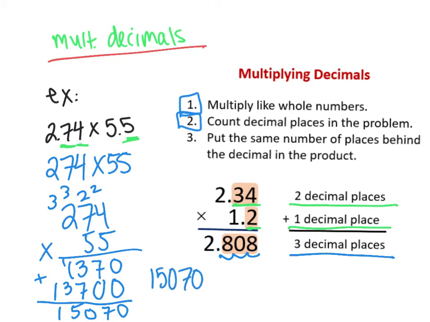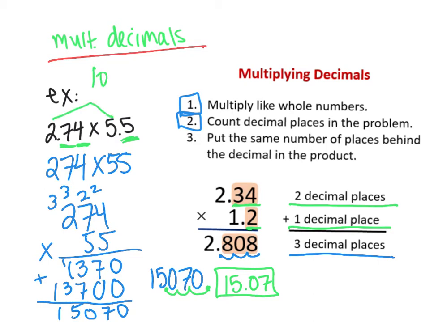And so my answer is 15070, but I can't forget my 3 decimal places up here. So then I need to put 3 decimal places back in here. So my answer is actually 15.07. And now I can get rid of that extra 0. So we're going to get rid of that 0, and that is my final answer. And that makes sense. 2 times 5 is 10.